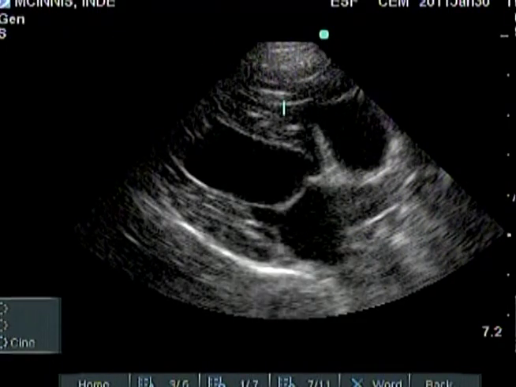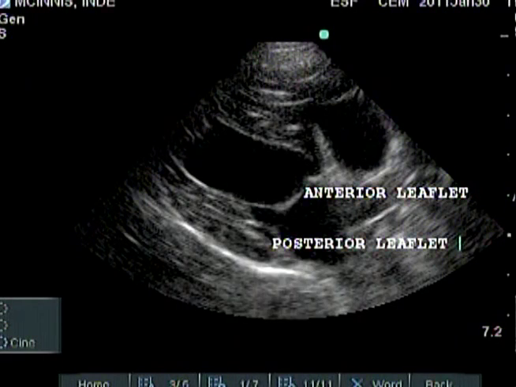The tricuspid valve is in the near field. The mitral valve is in the far field. The anterior mitral valve leaflet is the one closest to the transducer, and the posterior leaflet is the one further away from the transducer.